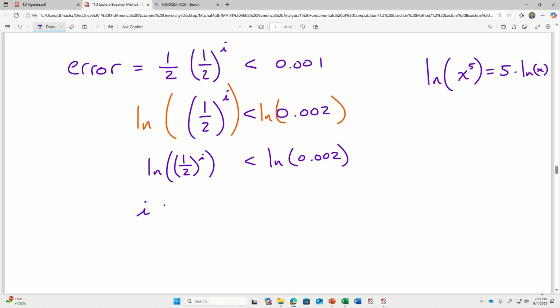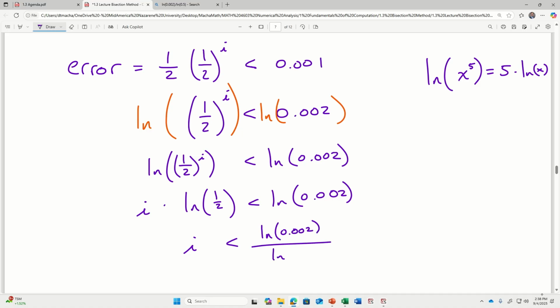So let's take that exponent outside of the logarithm, and now I've got I times natural log of 1/2 is less than natural log of 0.002. And now I'm about to divide both sides by natural log of 1/2.